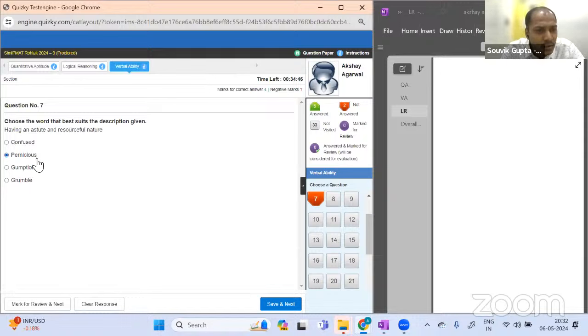Gumption sounds like a noun, so therefore pernicious, whatever, sounds the most suitable. To be surprised, bewildered, or at a loss of what to think. Perplexed.